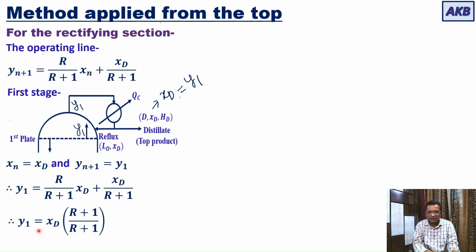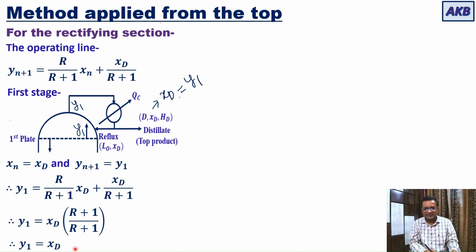Therefore, Y1 is equal to XD taken out as a common term, and in the bracket you have R plus 1 upon R plus 1. So R plus 1 gets cancelled and you are left with Y1 is equal to XD, which is again true. You can easily understand this from what is happening at the top of the column, and now we have proved it with this mathematical equation: Y1 is equal to XD.